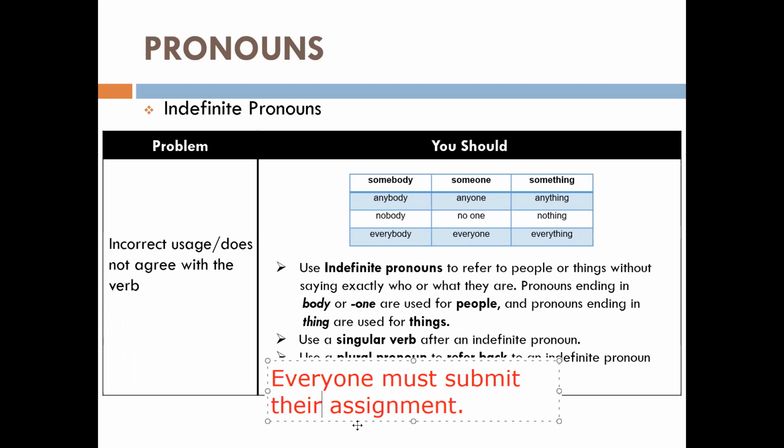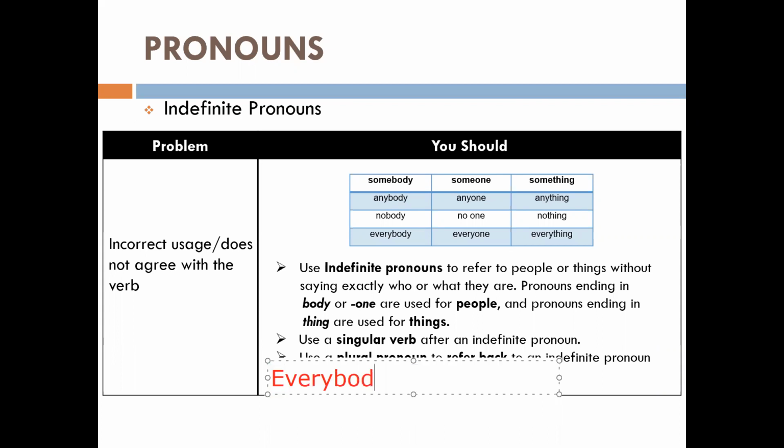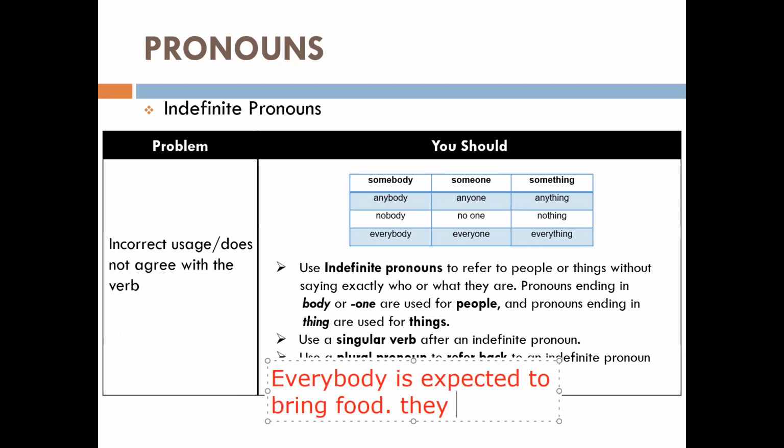Okay, isa pa. All right. Everybody is expected to bring food. They should cooperate. Everybody is expected to bring their food or bring food.